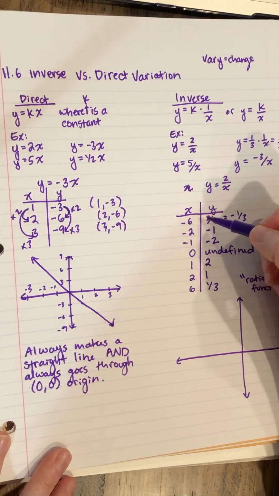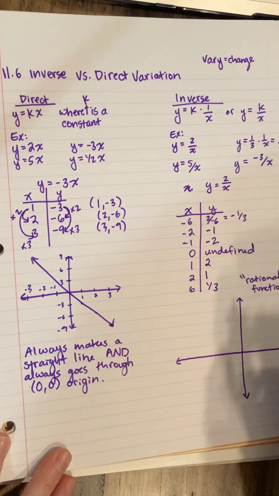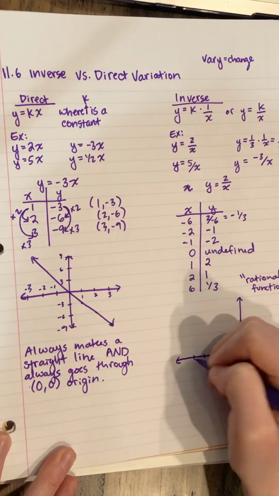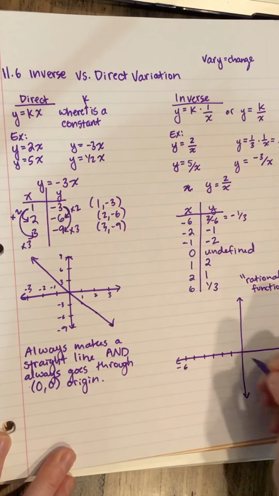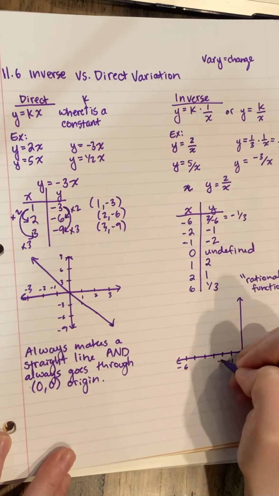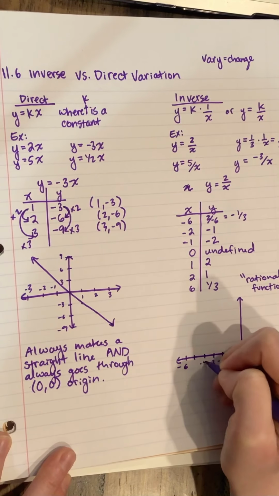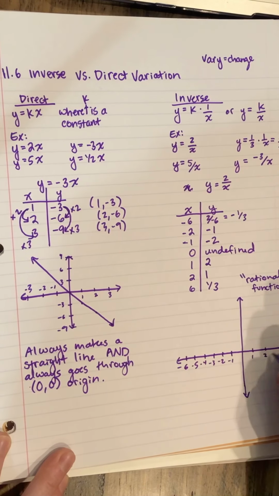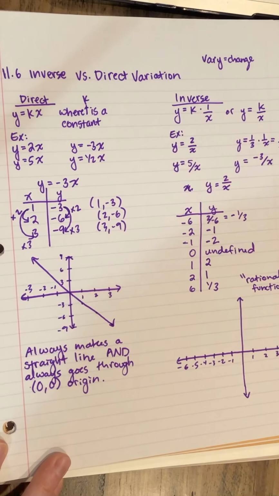So let's see. -6, -1/3, 1, 2, 3, do the same thing over here. 2, 3, 4, 5, 6. Hopefully you guys have some graph paper at home. That would make this a lot easier for you.